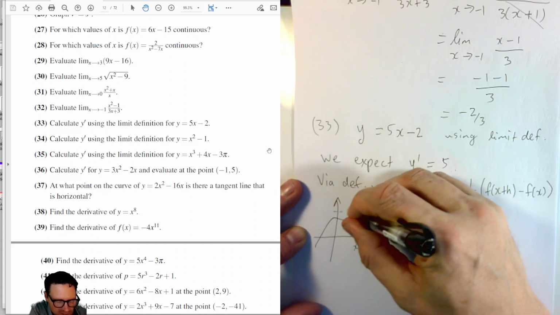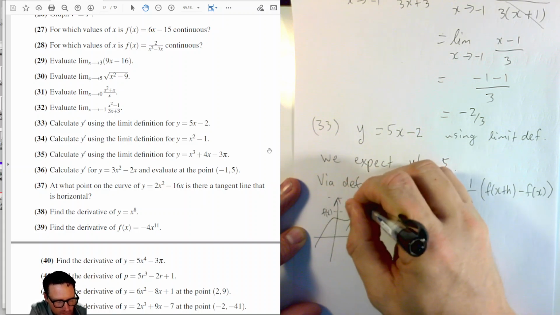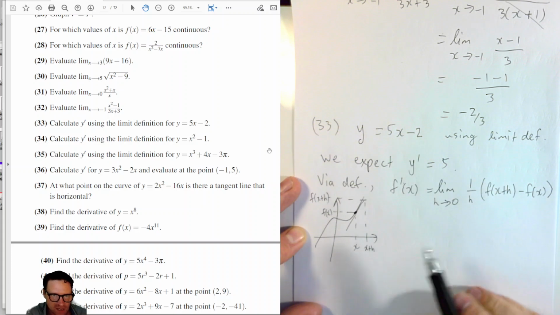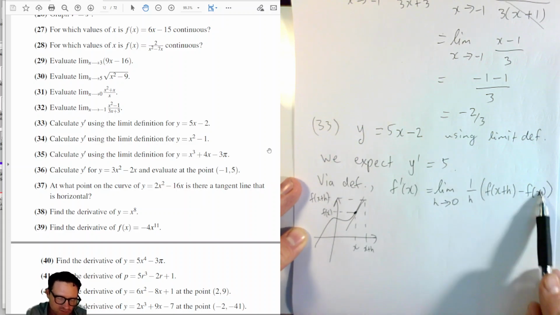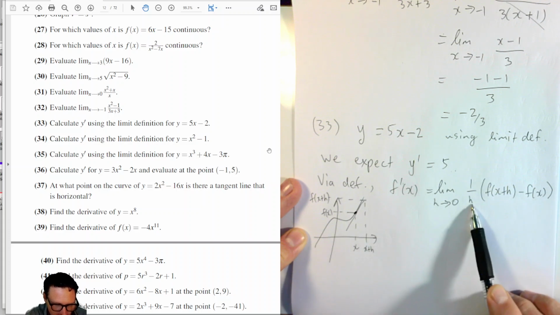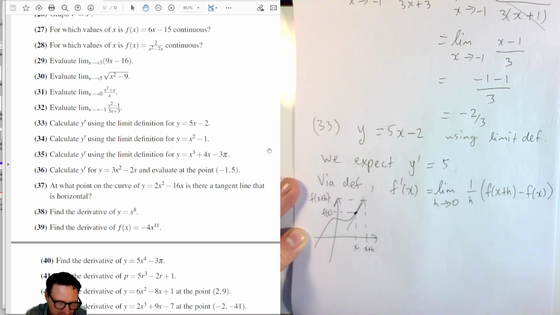The y value here is f of x, and the y value there is f of x plus h. So this is just rise over run. x plus h minus x is h, that's our run, and the rise is f of x plus h minus f of x.